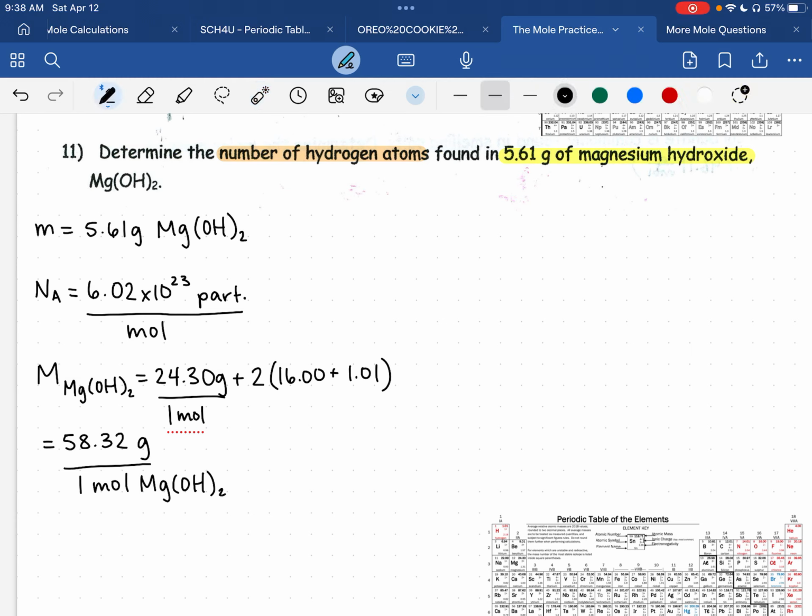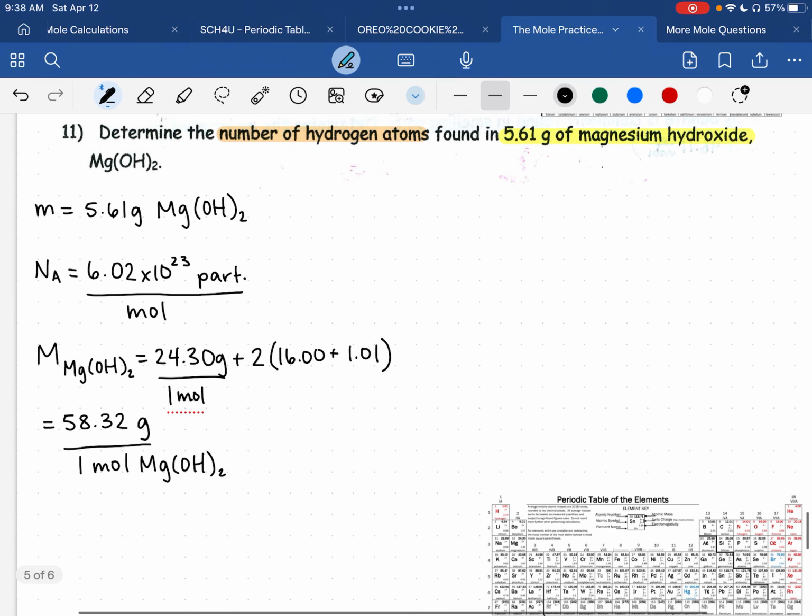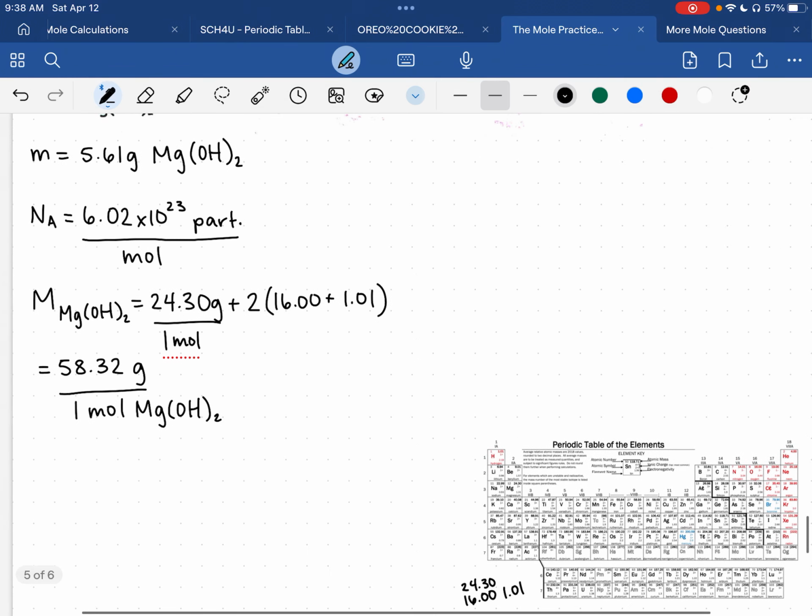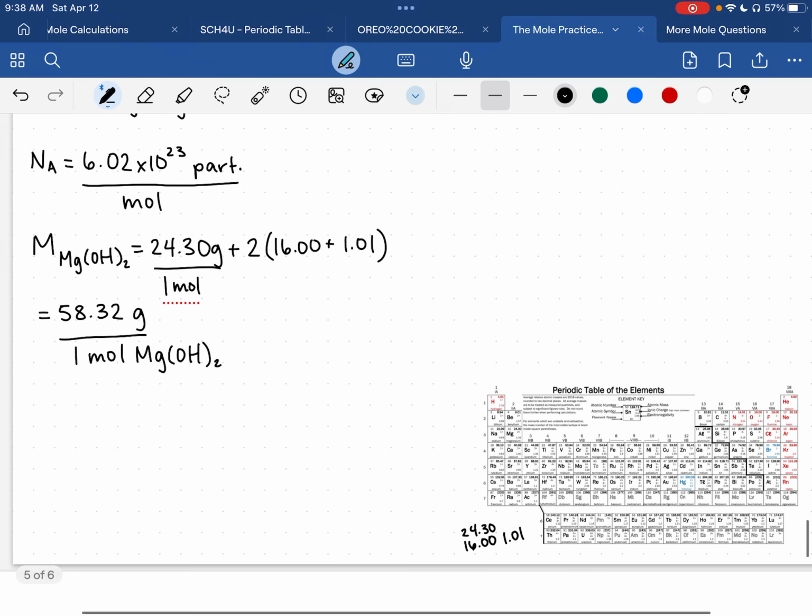Hopefully you can see that this 2 here tells us how many hydroxides there are, which tells us that there's also just two hydrogens per magnesium hydroxide. So that is important.